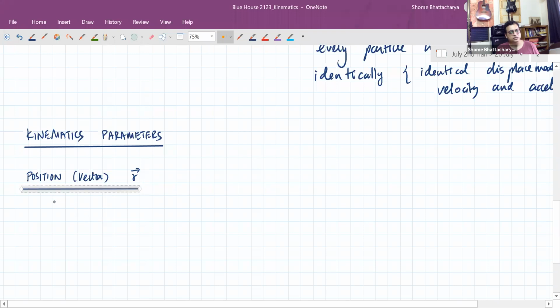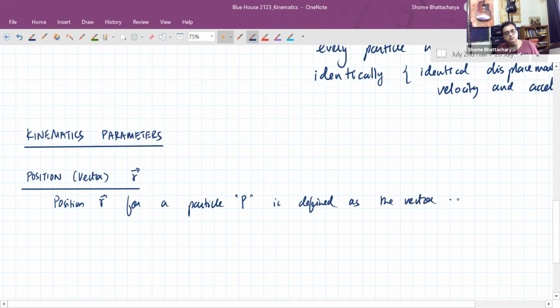So the position vector R for a particle, let's say I'm calling the particle P, is defined as the vector joining the origin of the coordinate frame.